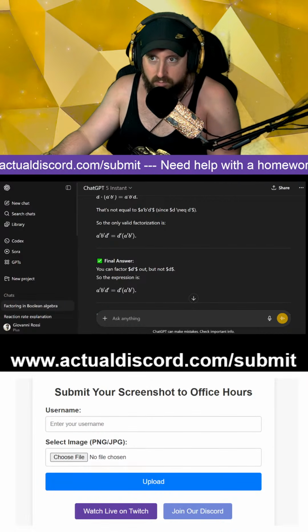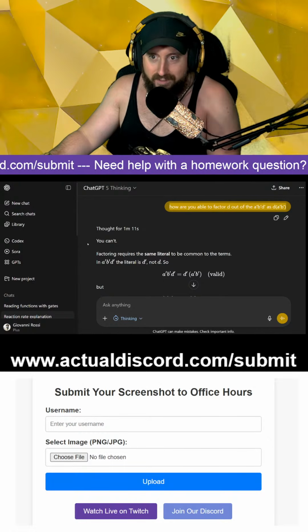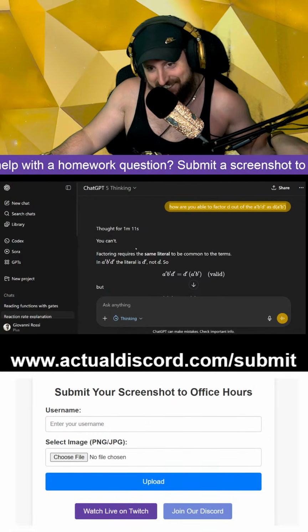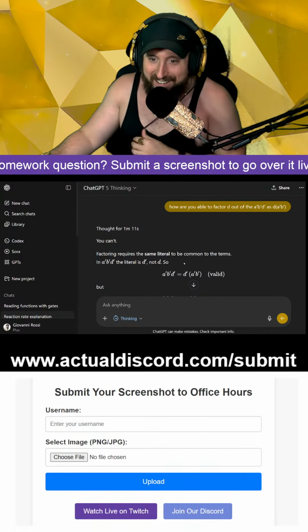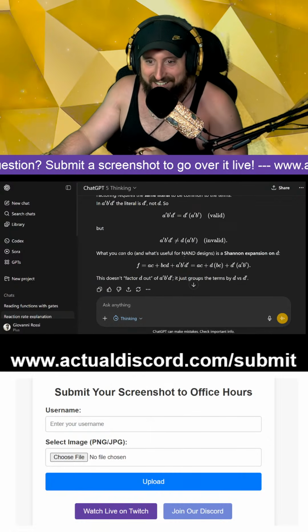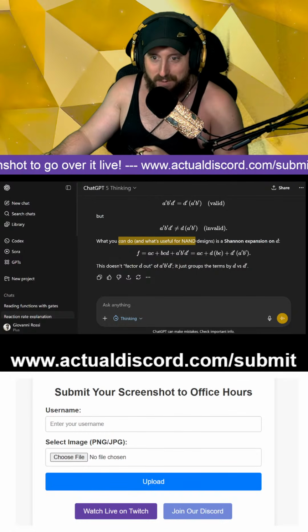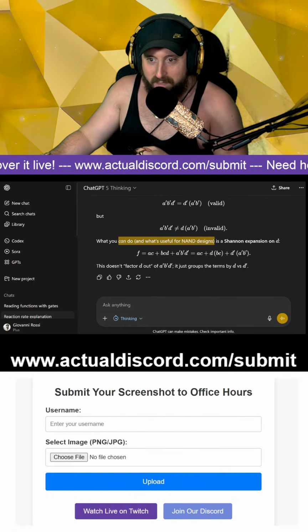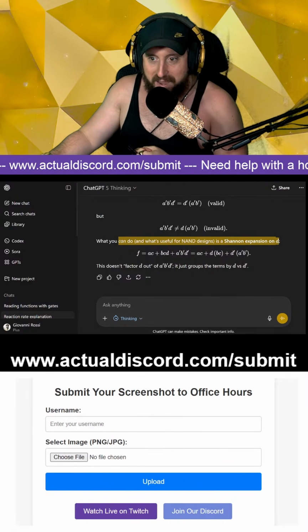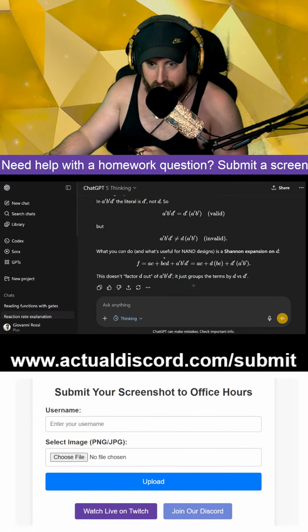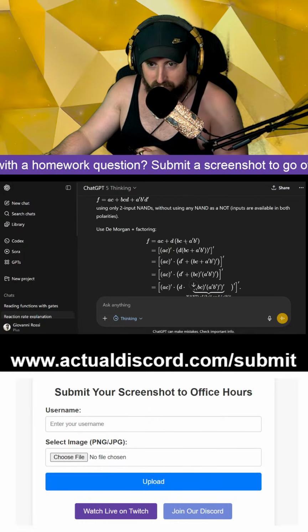Okay, so ChatGPT's wrong. Look at this. It thought for 1 minute and 11 seconds. It says you can't. Oh, Jesus. Here we go. It says what you can do and what is useful for NAND designs is a Shannon expansion. Okay, but then how did this step happen?